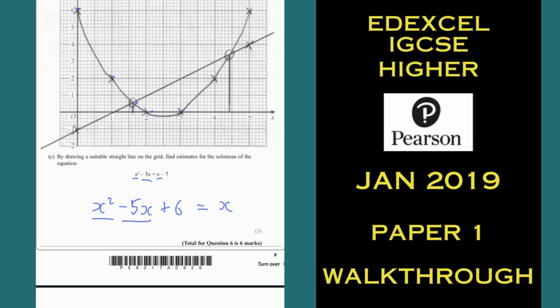They've stuck a minus 7 on, and that's disappeared. So let's take that away, but it's still not quite right. They want us to solve x minus 7, not x minus 6. So we need to subtract.